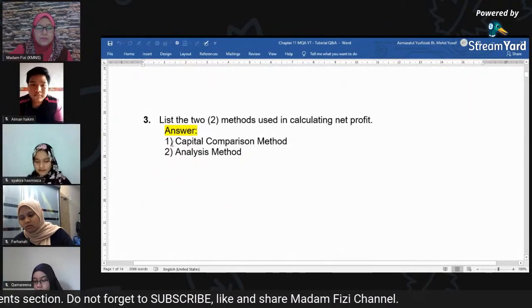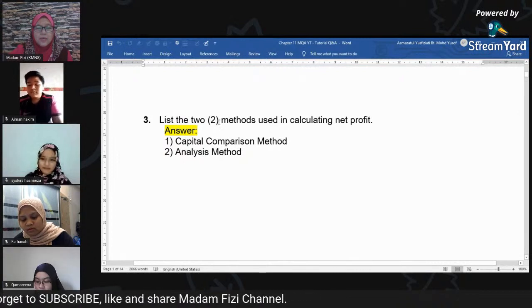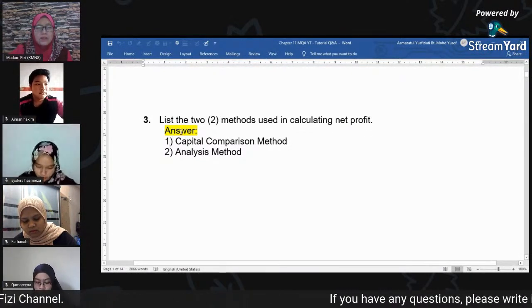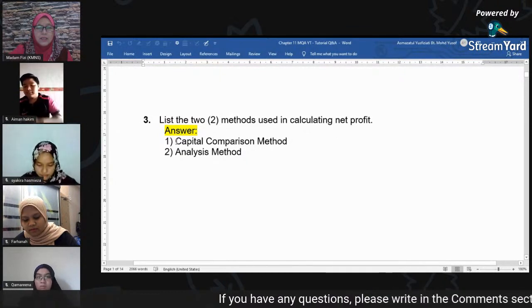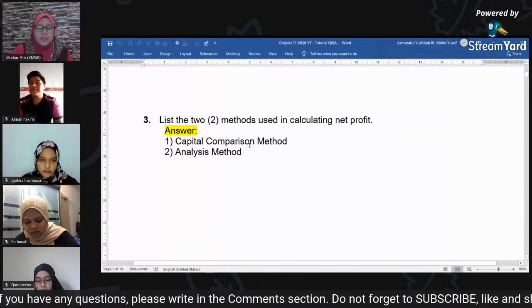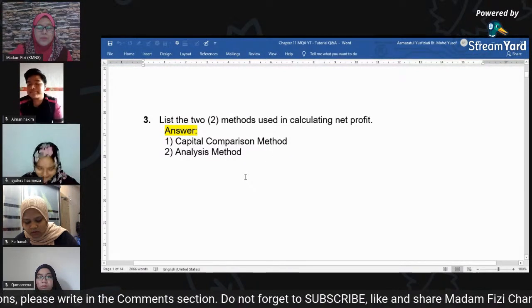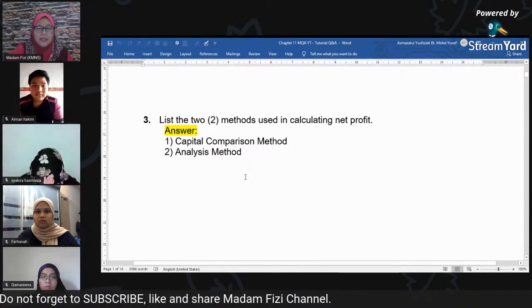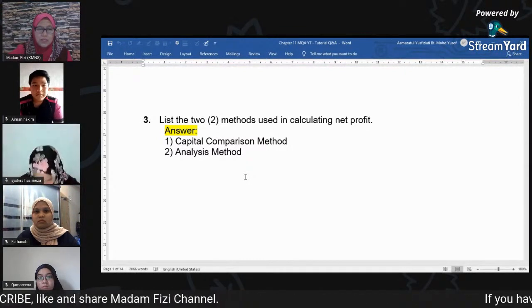Question number 3, very simple. List the two methods used in calculating net profit. Method number 1 is capital comparison method. We use it when we don't have any information, we just have assets and liability information only.